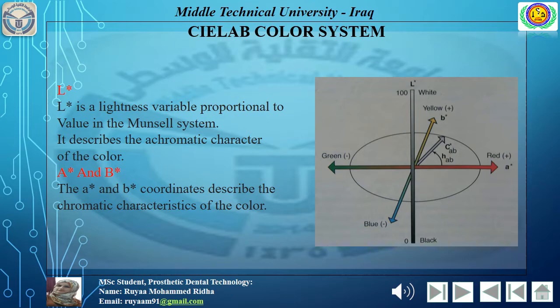The A coordinate corresponds to the red, green axis in the color space. Similarly, the B coordinate corresponds to the yellow, blue axis.